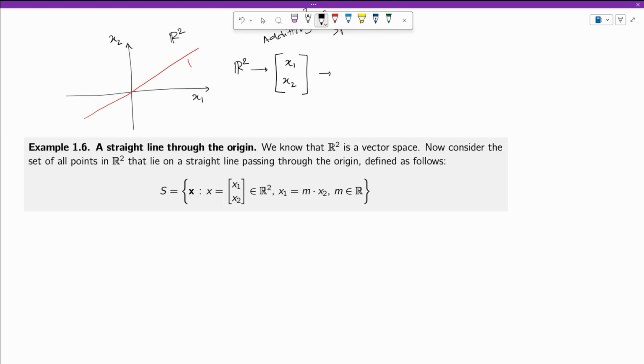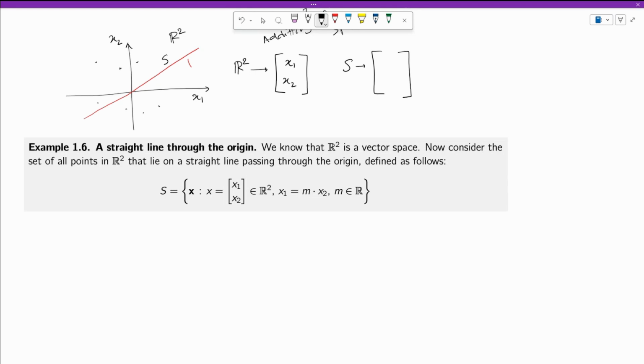They will still have two numbers. When I take any element from R2, x1 and x2 are completely independent of each other. I can choose any value for x1 that has no bearing on what value I can choose for x2. For example, I can choose a point here, here, here. It doesn't matter. That is equivalent to saying I can choose x1 and x2 freely.